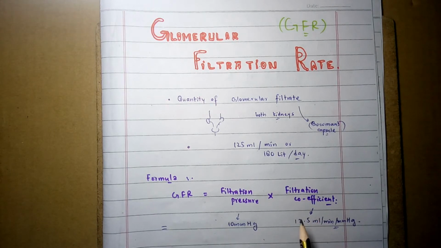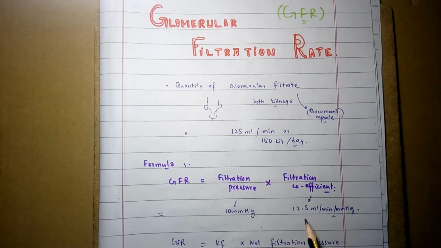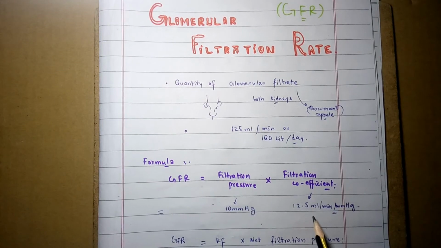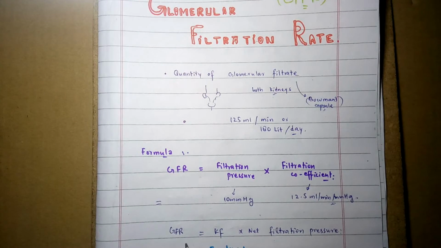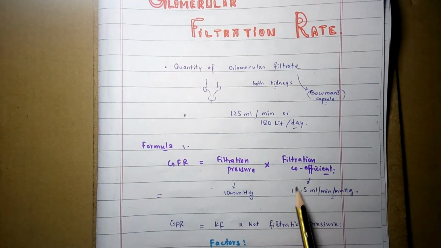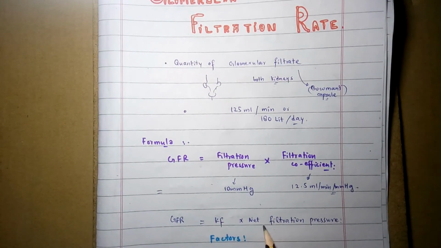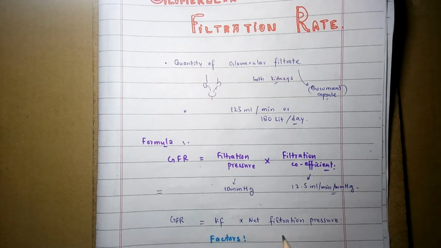The net filtration pressure is 10 mm of mercury, and the filtration coefficient is 12.5 ml per minute per mm of mercury. So GFR is equal to Kf, the filtration coefficient, into net filtration pressure. This is the formula of the GFR.